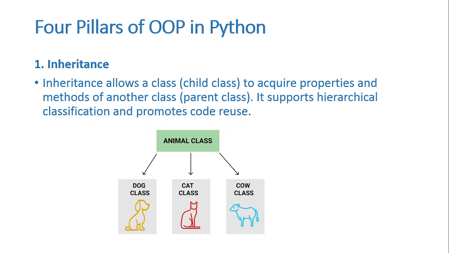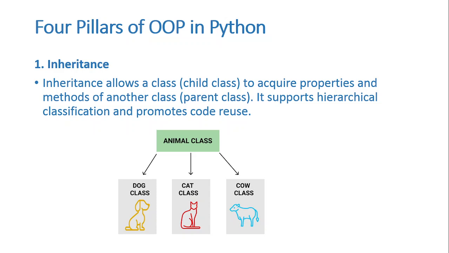The first and foremost feature of object oriented programming is inheritance. Inheritance is a feature where you have initially created a class, and that class will act as a base class or a parent class.